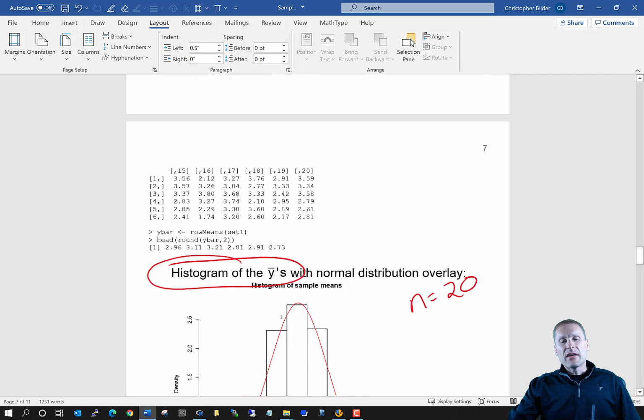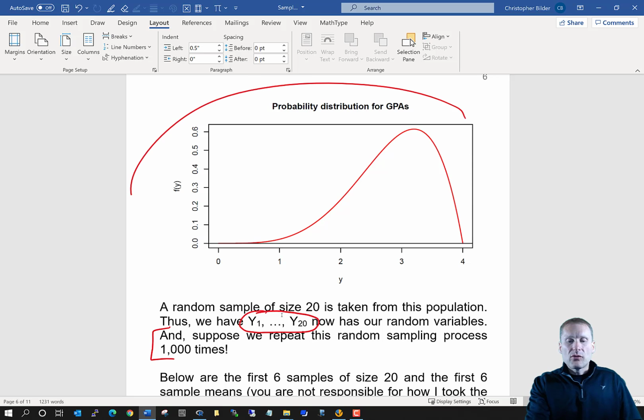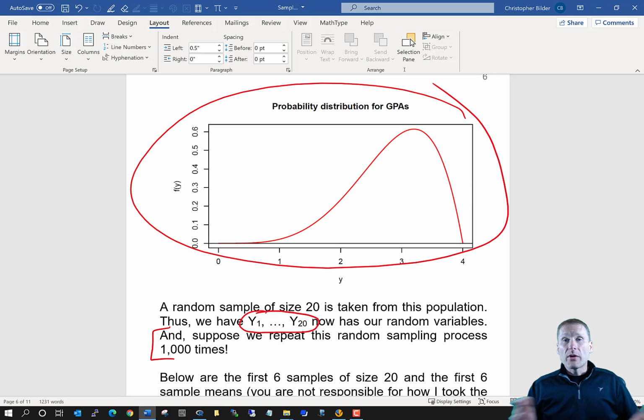And again, just to emphasize the point here, the probability distribution for the population is not a normal distribution. We can see that. It's not symmetric, for example. But this all still works out. And so perhaps I did not know that this was actually what the probability distribution was for the population.